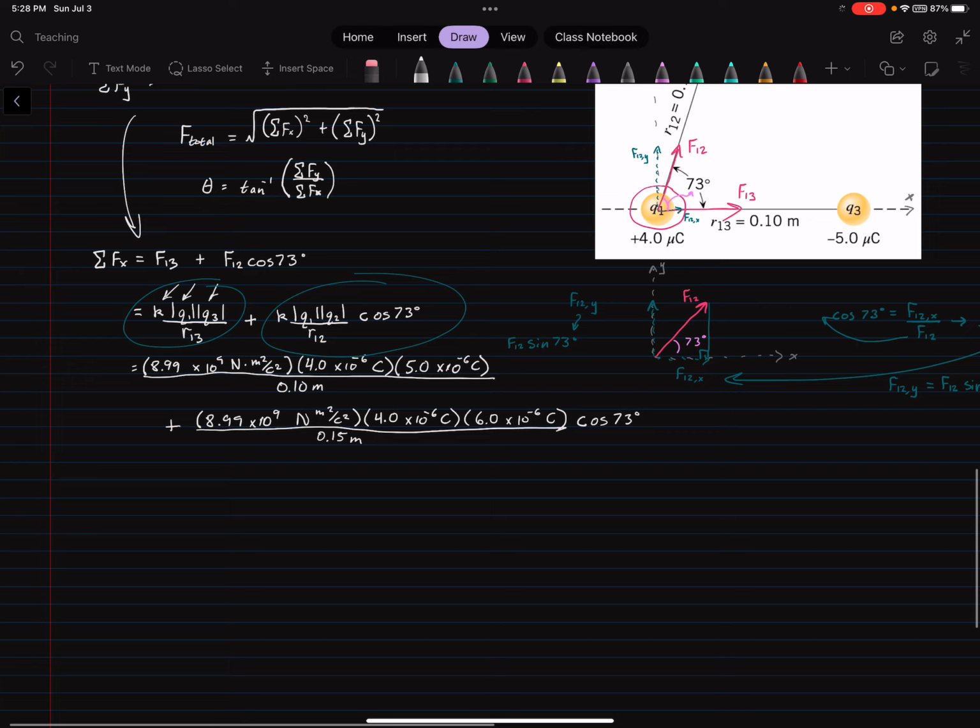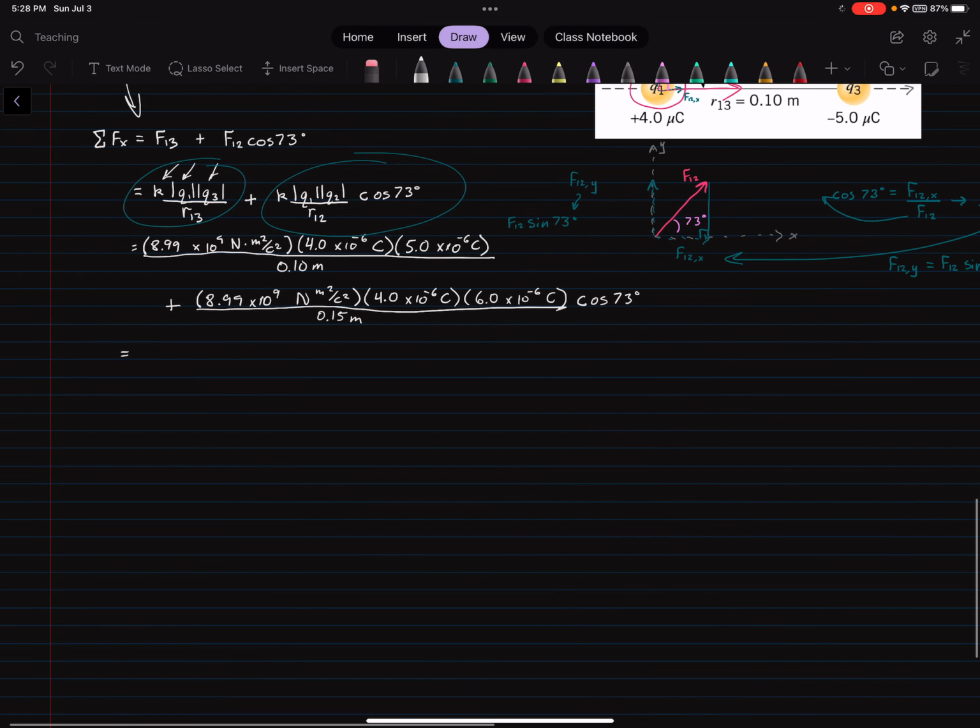Alrighty, so if you compute all of that out, make sure that your calculator is in degrees and not radians, since that's what's given, 73 degrees. And you compute all of that out, make sure you get your parentheses correct and everything. Then you should find that that is equal to, where are we at here?